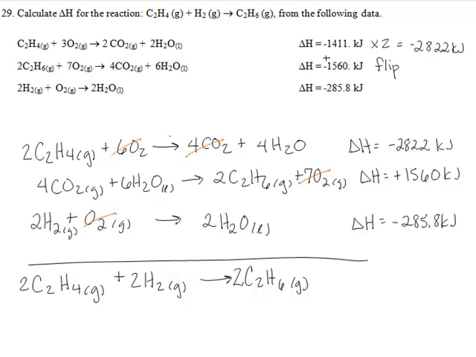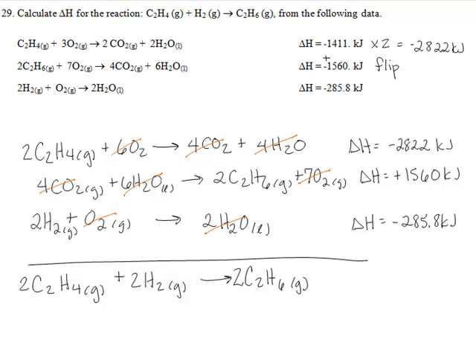So I'm able to cancel my CO2. Next I see that I have 4 H2O in my first equation, and there's no H2O in my final equation either. So I'm able to look for more H2O, and I find 2 H2O down here. So I have a grand total on the product side of 6 H2O. And here on the reactant side I have the H2O that can be canceled.